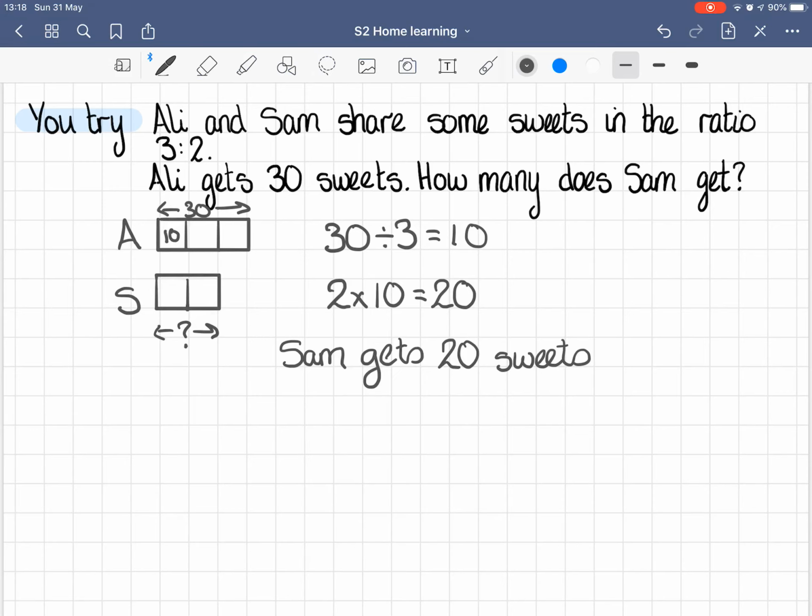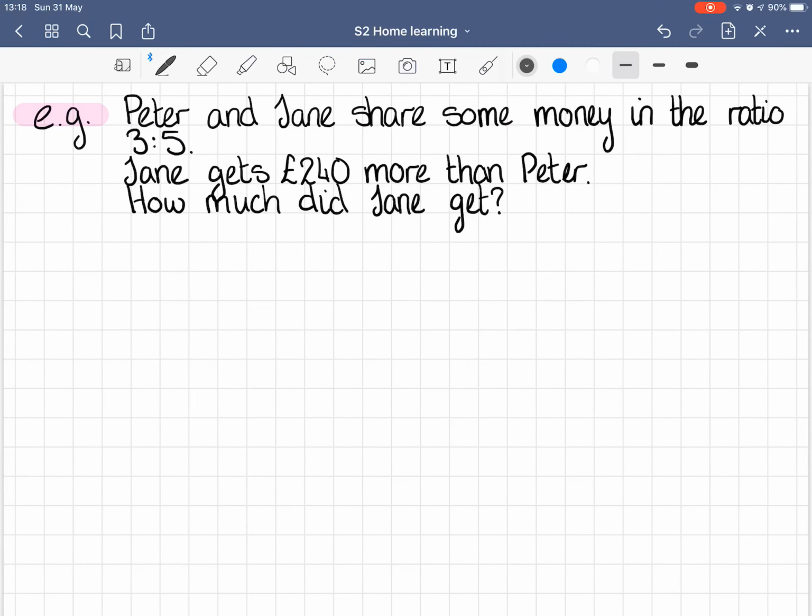How did you get on? Now Peter and Jane are again sharing some money in the ratio 3:5. This time Jane gets £240 more than Peter. How much did she get?